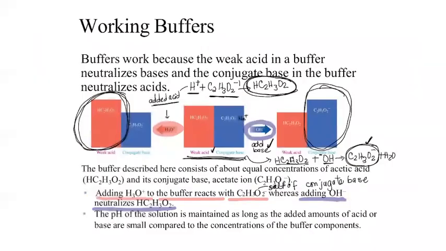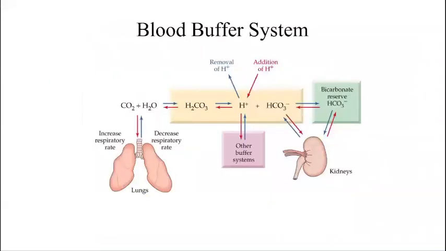Now, why is all of this important? Because this whole buffer system, we have it inside of our bodies, okay? We have not the acetic acid, we have what is called the carbonic acid buffer system.